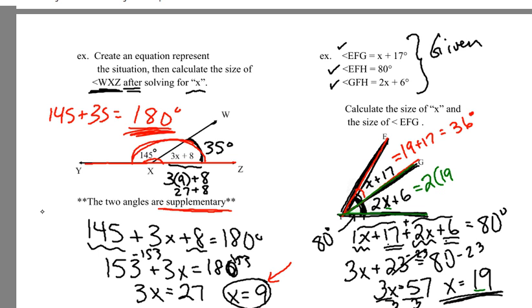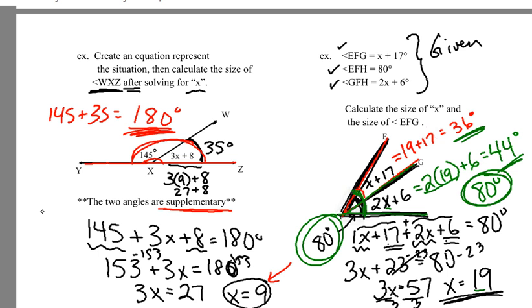So 2 times 19 plus 6, 2 times 19 is 38, 38 plus 6 is 44 degrees. The two angles together, 36 plus 44, totals 80 degrees. And that's what the question said it should. So x equal to 19 works out for the situation.